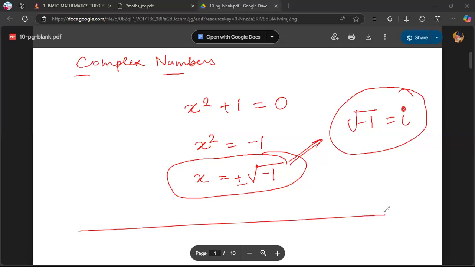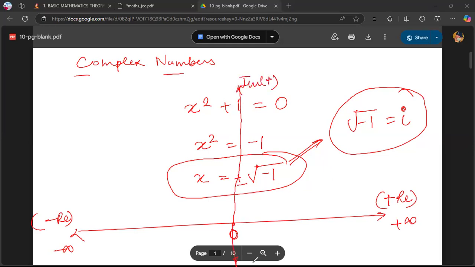This is termed as iota, and a whole new axis is made upon this. Earlier we were having a number line like this, minus infinity to plus infinity. Let's call it plus real to minus real. And now we have to take one more axis, where we are going to discuss the imaginary numbers, positive imaginary and negative imaginary. And the unit will be iota.